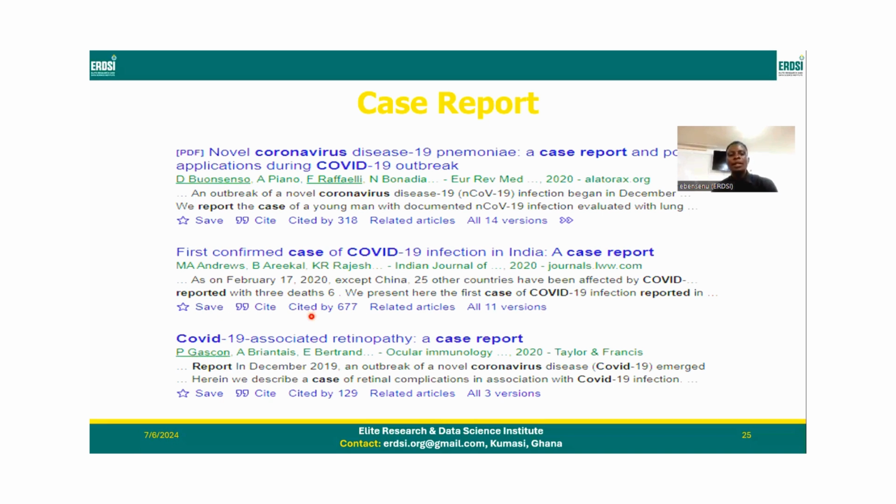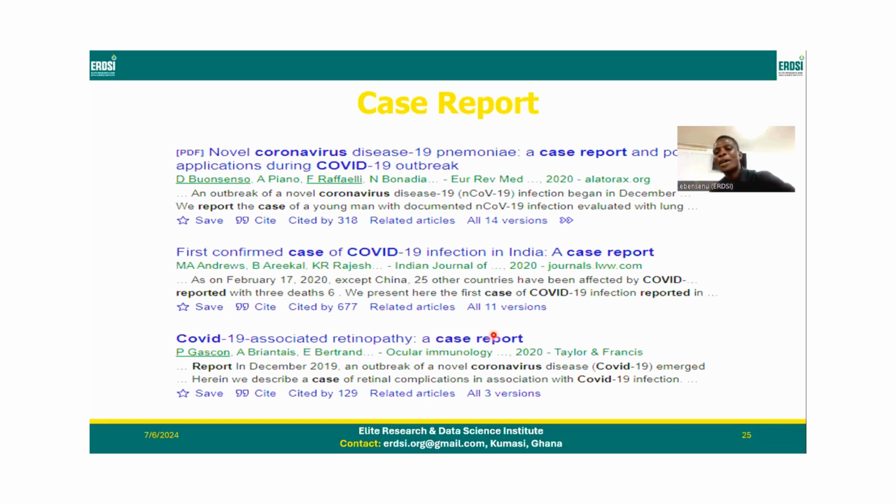Another is a single person presenting with an unexpected result, like COVID-19 retinopathy. They found out that one person had retinopathy as a result of COVID-19. It means we have to report this and publish it for the scientific audience, so that those who are saying COVID-19 is not linked with retinopathy will know.